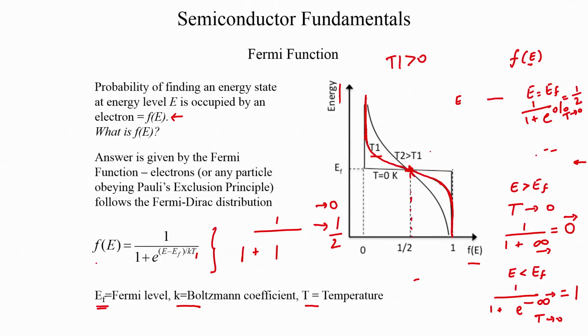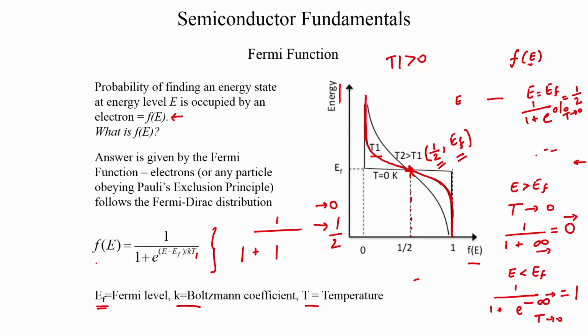If you plot energy versus f of E, for any temperature the function will always cross the coordinate of half comma Ef, Ef being the energy and half being the probability.